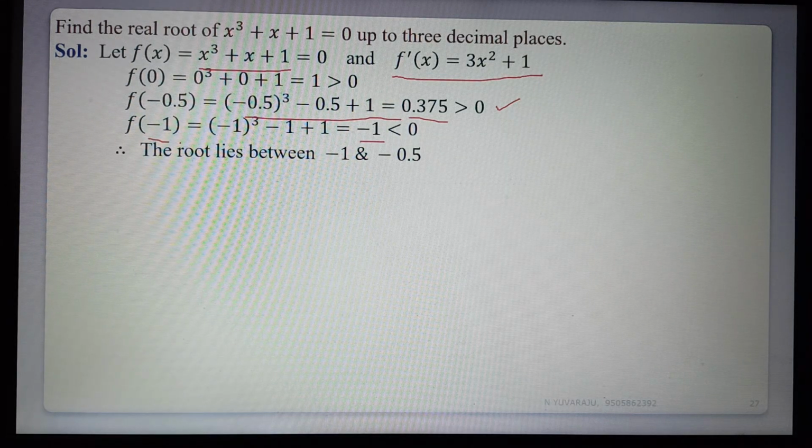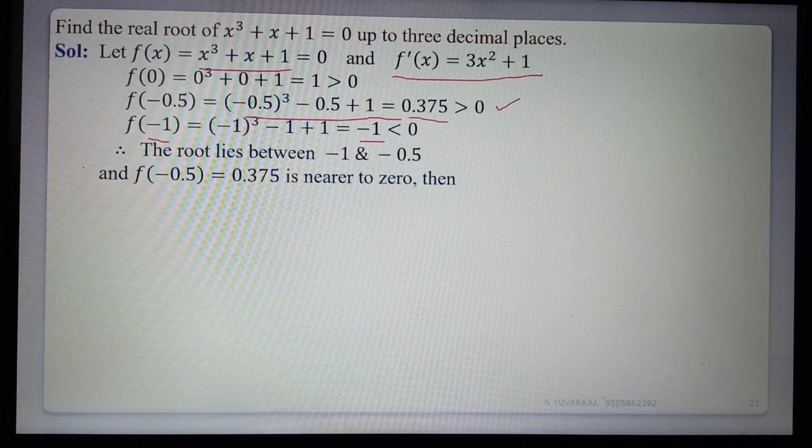Which value is near to 0? f of minus 0.5 is equal to 0.375, which is near to 0. Therefore the initial value is x naught equal to minus 0.5.